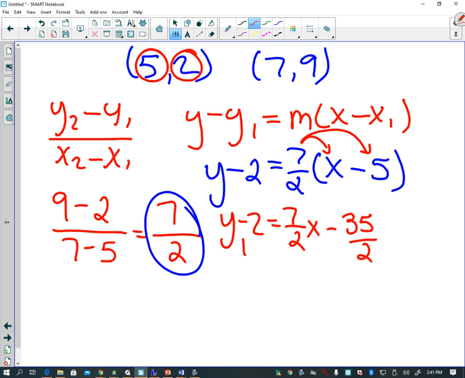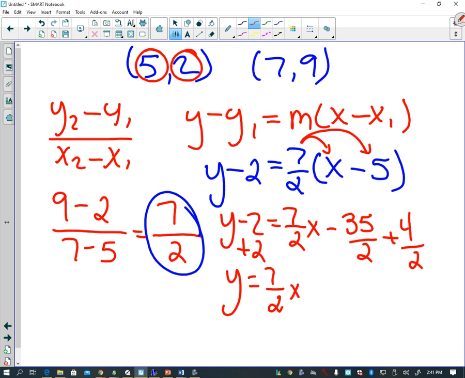Add 2. But the problem is that that's a whole number and this is a fraction. Can I rewrite 2 as a fraction over 2 so that I can combine those? What is 2 as a fraction over 2? No. What's 2 times 2? Is 4/2 the same as 2? Yes. Okay, so I get y equals 7/2 x.